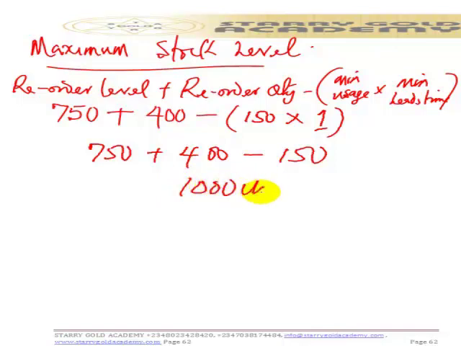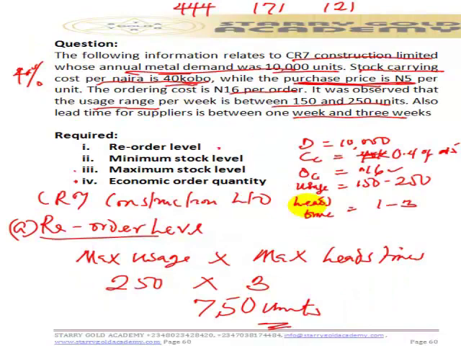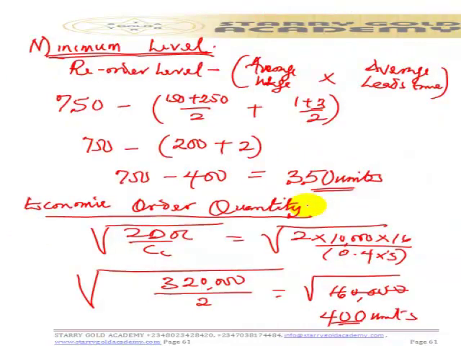So that's going to be 1000 units. 1000 units is the maximum unit that can be in store. Minimum unit is 350 and the reorder level is 750. So when the number of units in store is 750 units, the company would request for replenishment, and if they are going to get supply, they are going to order 400 units, and they must ensure that the number of units in the store is not less than 350 units.